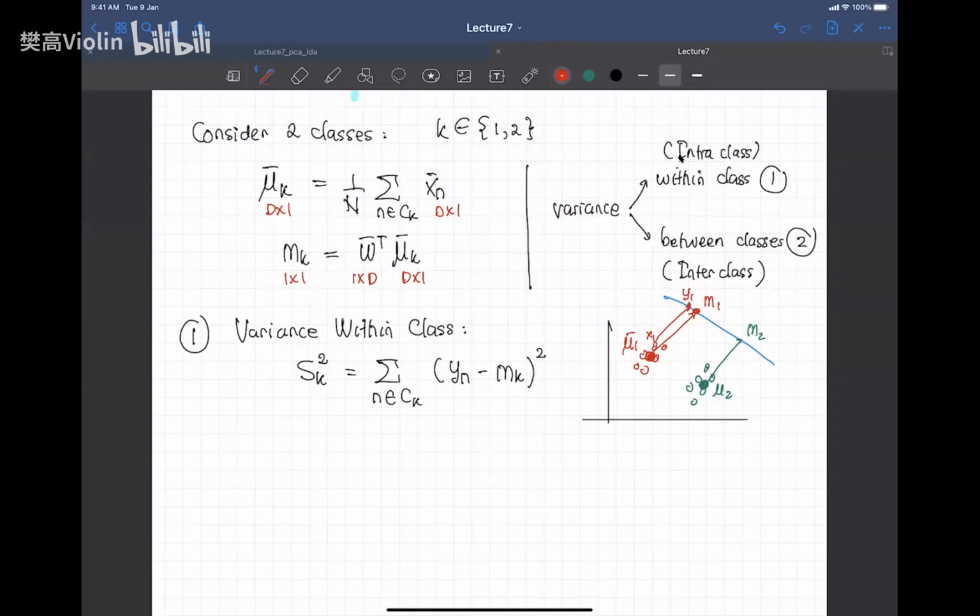So what is yn then? Yn is the projection. When we say projection, we always use w, right? Yn equals w transpose xn. This is a projection of xn using w onto the blue line. So this one is known, this one is known, but w of course is unknown. Any questions so far?